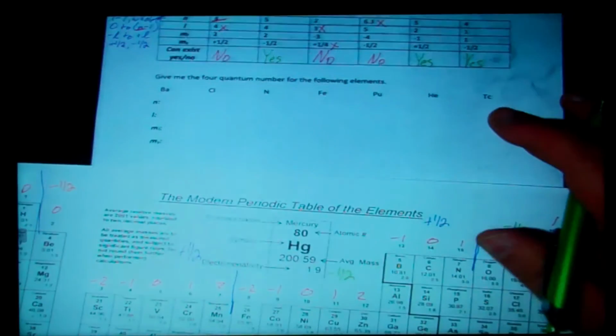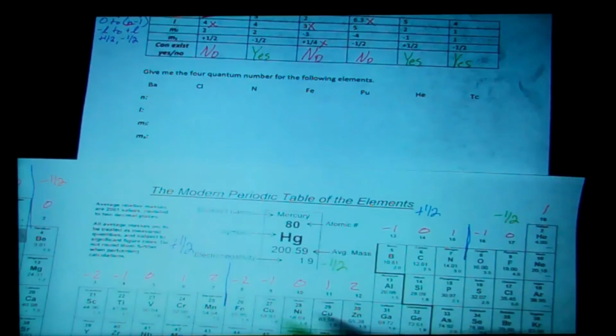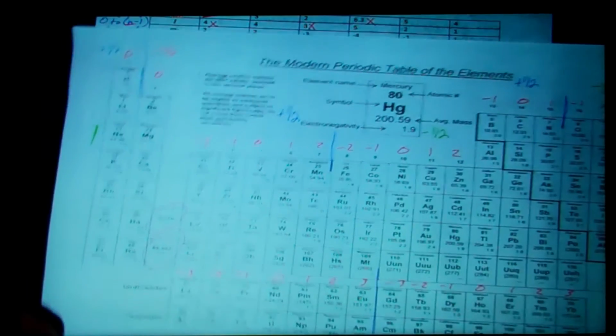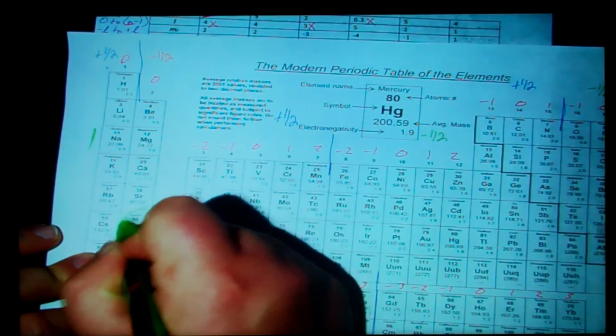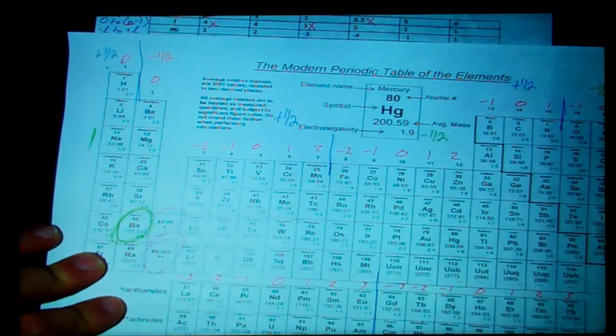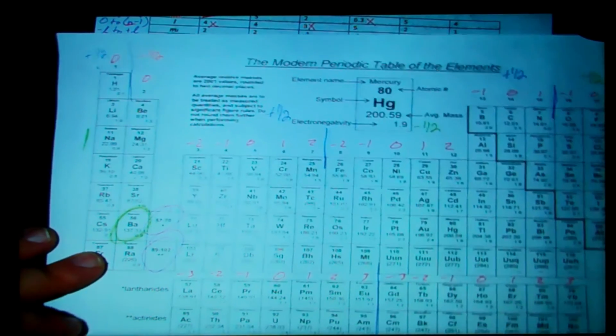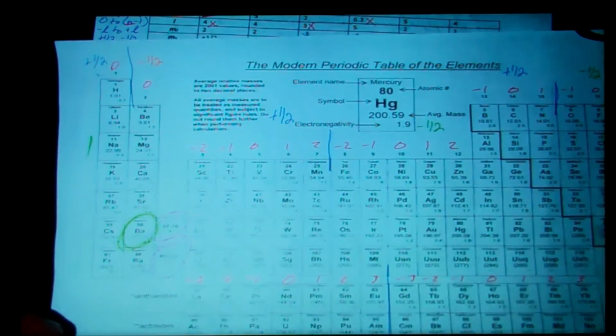Okay, so using this periodic table, we are going to try and find the 4 quantum numbers for barium. So here's what I'm going to do. I'm going to start with barium. So I find my element, and right here's my element, barium, circled in green. So here's the thing, start with L. So barium is in the S block.